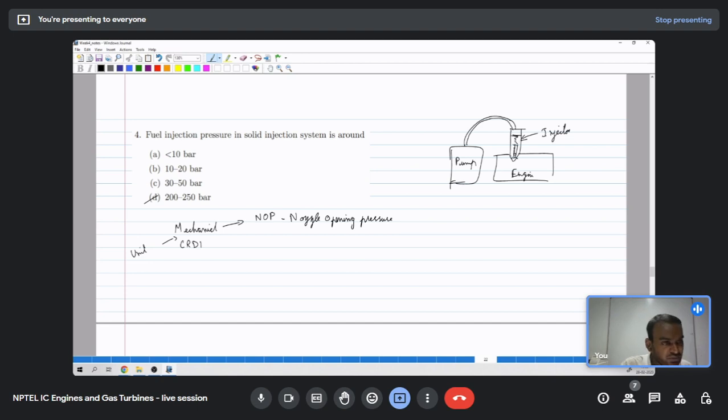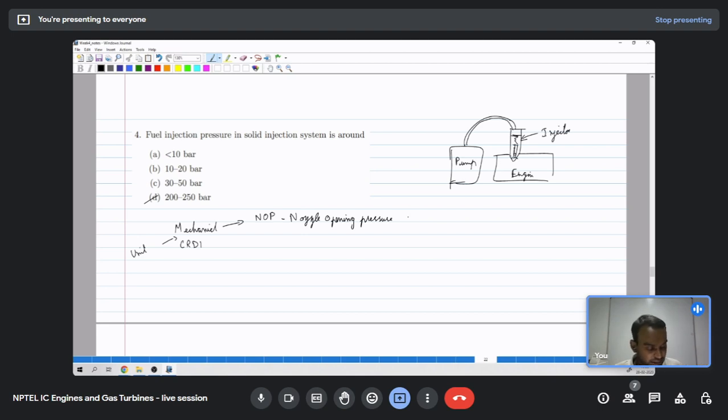There will be a spring holding the needle in the closed position, and this fuel pressure exerts an upward force on the nozzle and overcomes the spring force, so the needle can open. So this pressure at which the needle can lift and open the nozzle is called nozzle opening pressure.